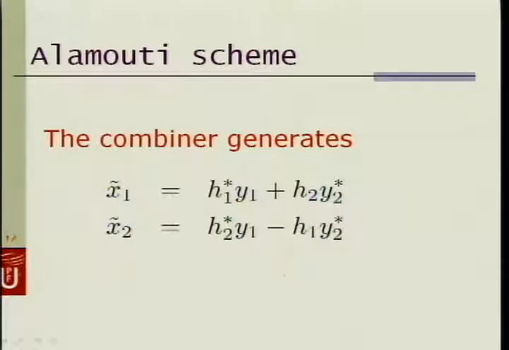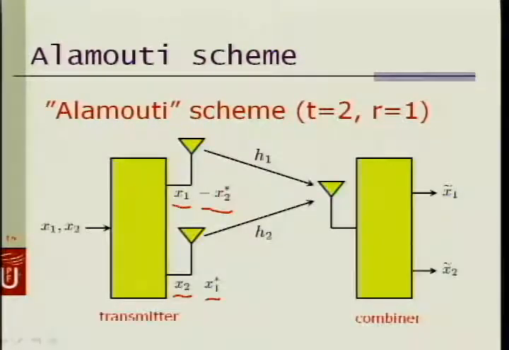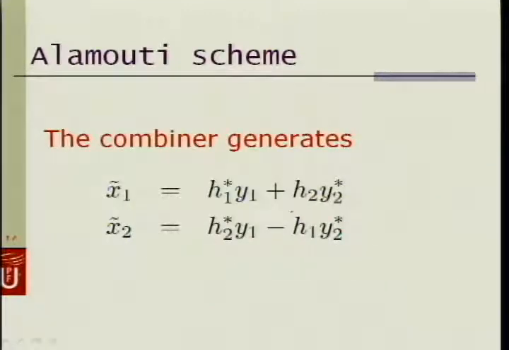We do the following. We have a block called a combiner that operates like this. It takes a linear combination of the observation at time 1 and at time 2. So it does h1 star y1 plus h2 y2 star, and h2 star y1 minus h1 y2 star.